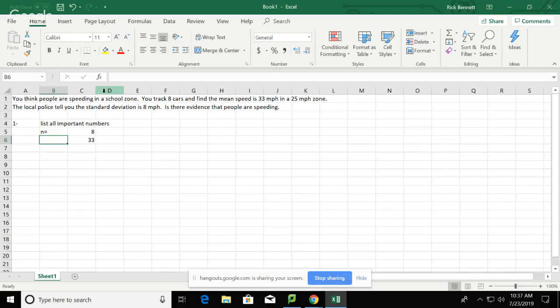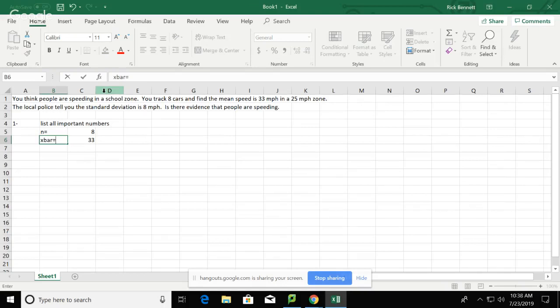No, I don't think it's S. I think it's P. What does P stand for? Proportion. Is this a proportion? 33 miles per hour? No, it's the mean. Oh, no, this is the X bar. It's X bar.